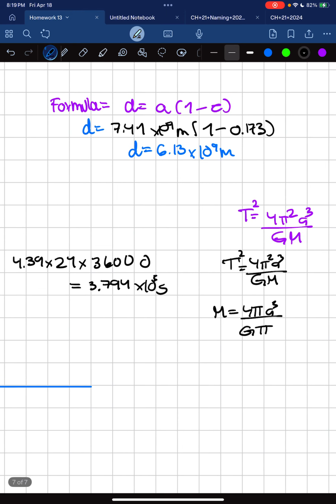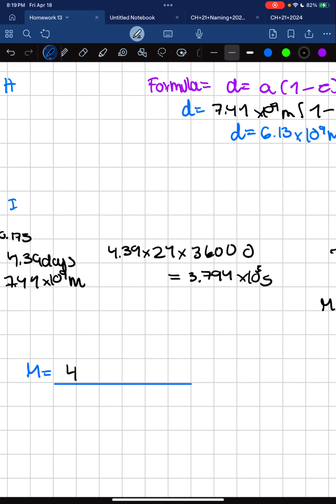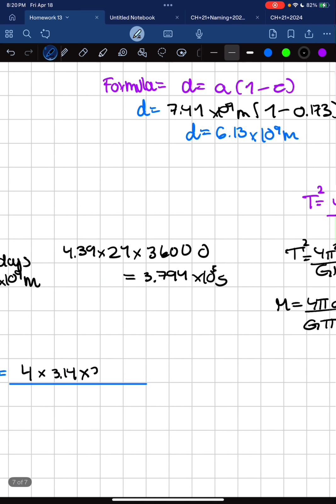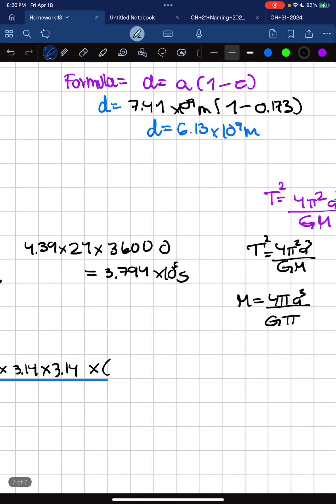So the first one is going to be 4 times pi squared, so 4 times pi squared again, times the semi-major axis to the third. So let me go ahead and do that.